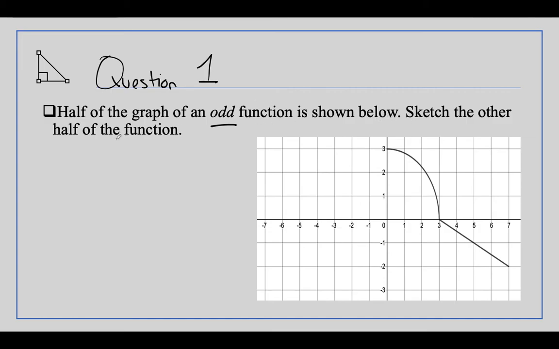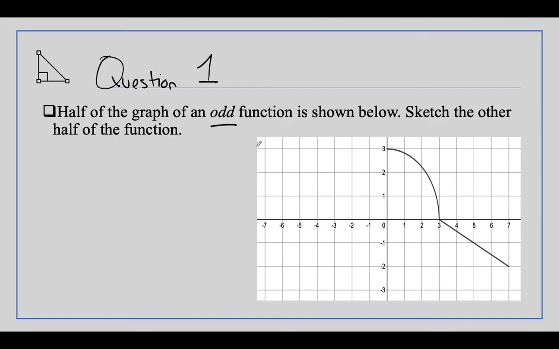Sketch the other half of the function. Okay, so there's a few ways we can go about this, right? If it's odd, it's symmetrical with respect to the origin. So I would turn it 180 degrees and ask myself if I have the same function.